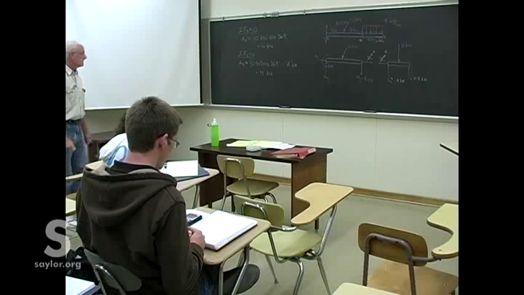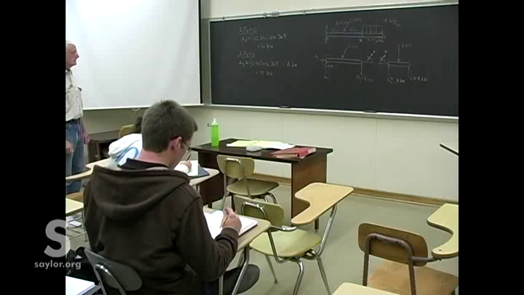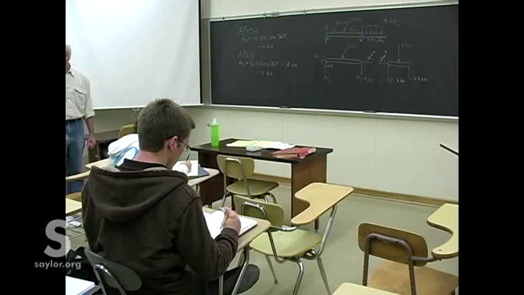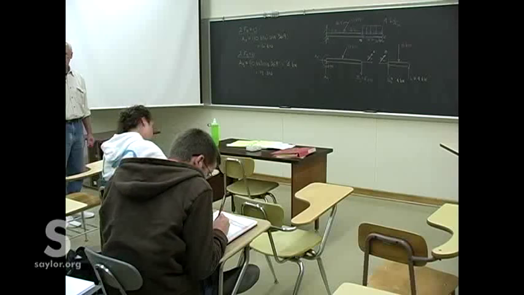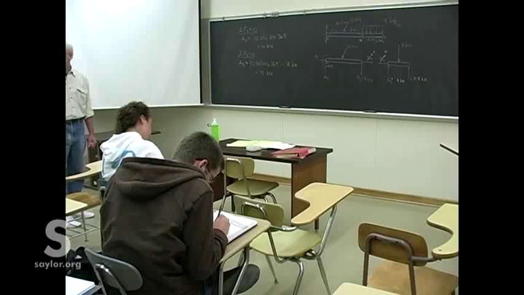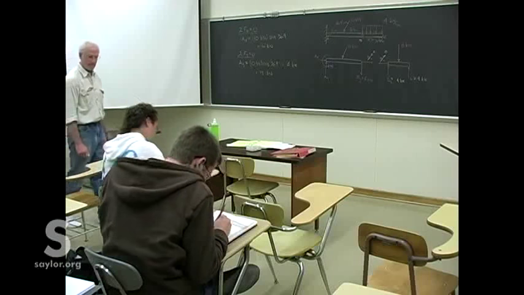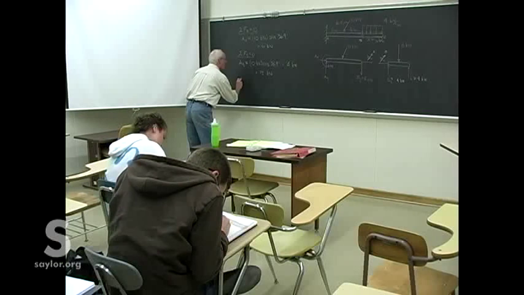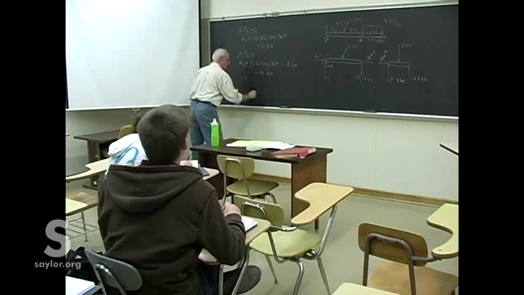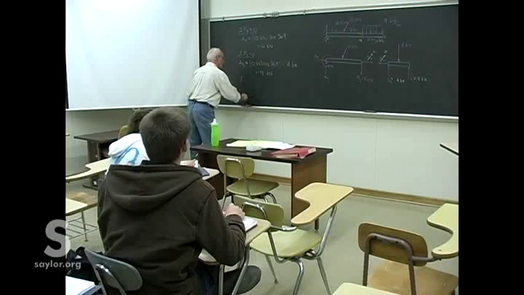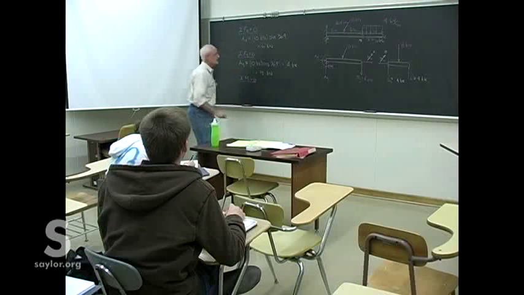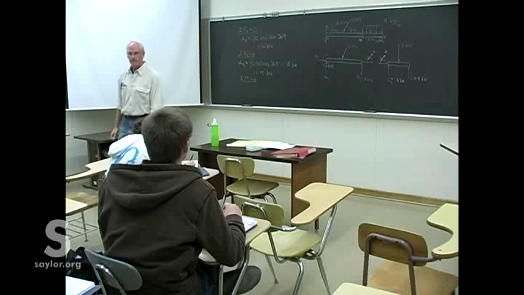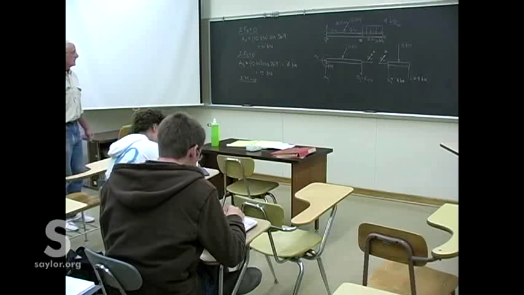How do we find, let's see, what are we missing then? We're missing the moment. So how do we find it? The moments must sum to zero, so we can do it that way.